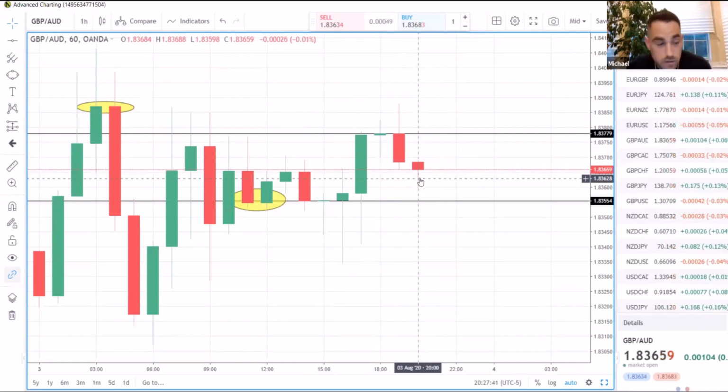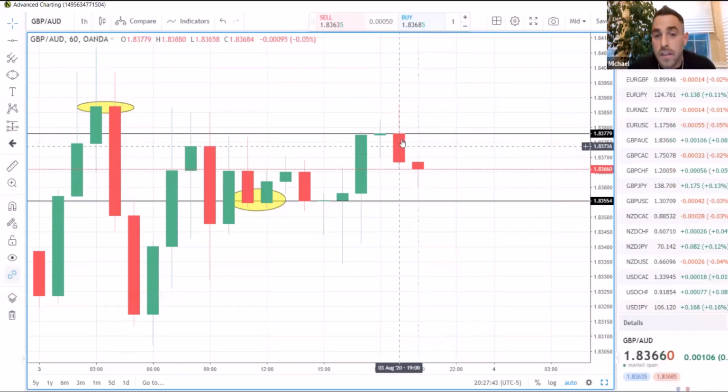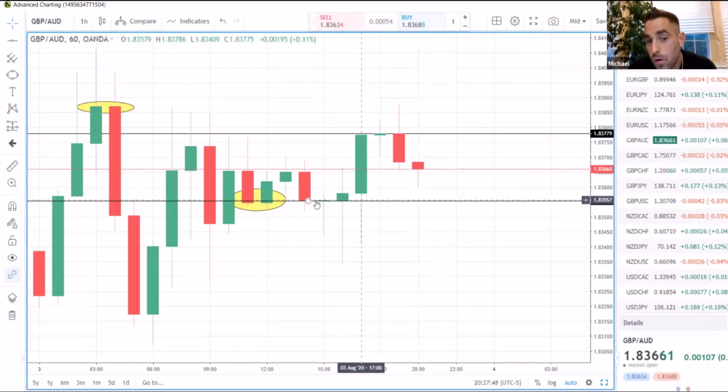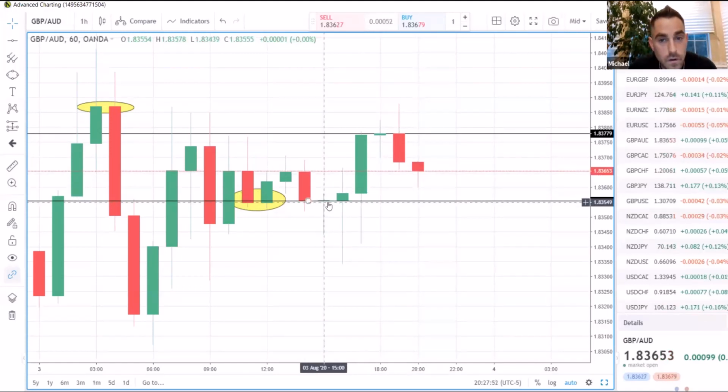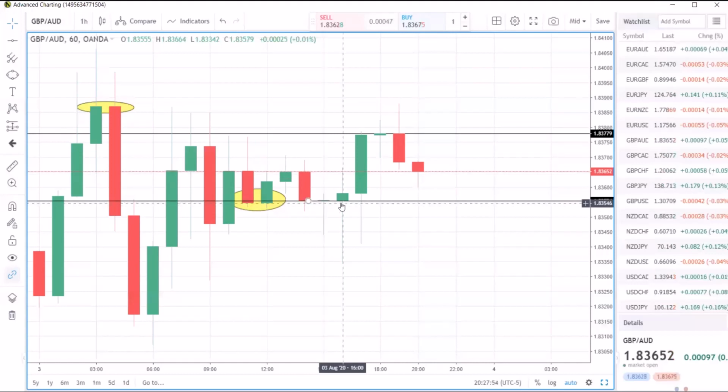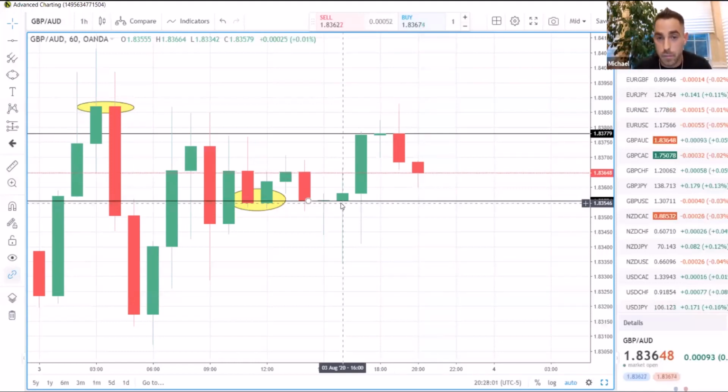So step 6, for an uptrend, the action cannot break the low of the anchor. Is it breaking the low of the anchor? No. No? Perfect. So at this point, now we have what we call an uptrend with a setup.